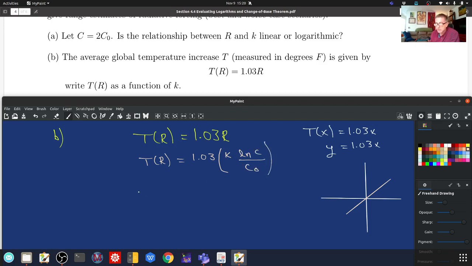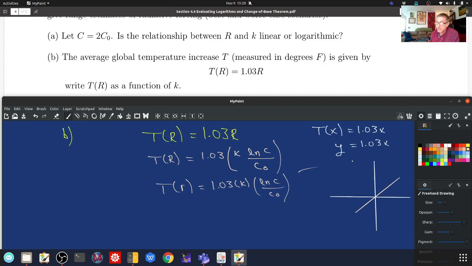And that's T sub R is equal to 1.03 times K times log of C over C naught. And this will be a fixed number too. And that's all you have to do for that one. It was pretty simple.